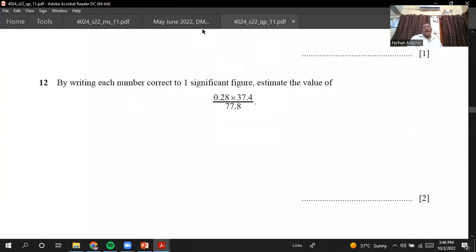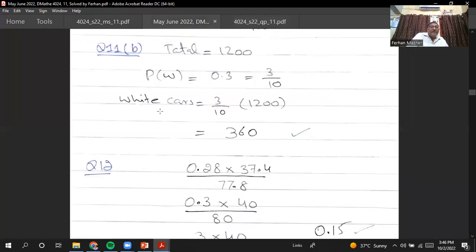Okay, by writing each number correct to one significant figure, estimate the value of this. 0.28 can be written as 0.3, 37.4 can be written as 40, and 77.8 can be written as 80.